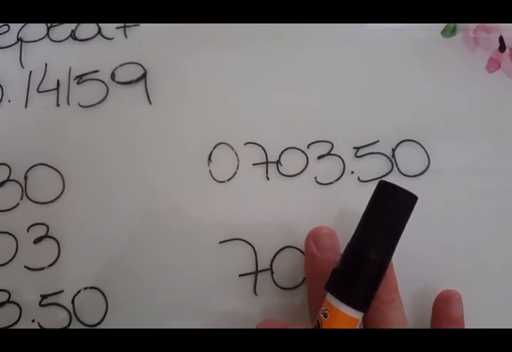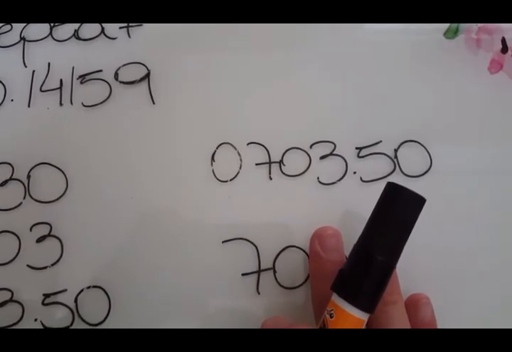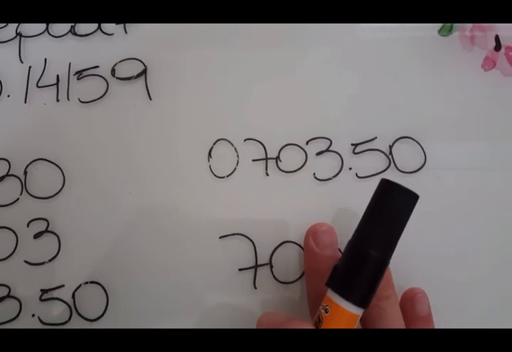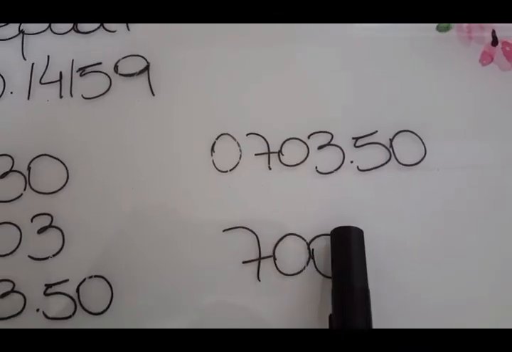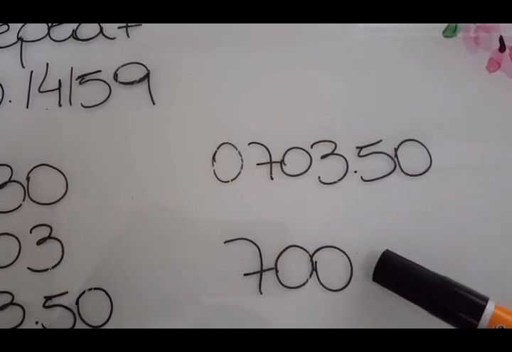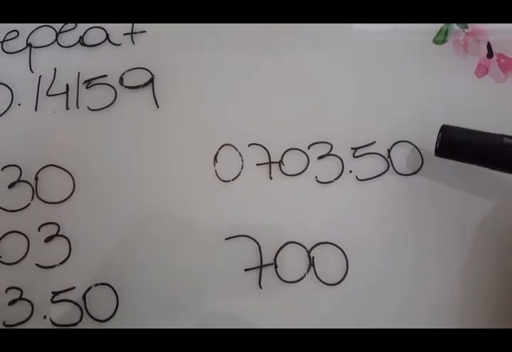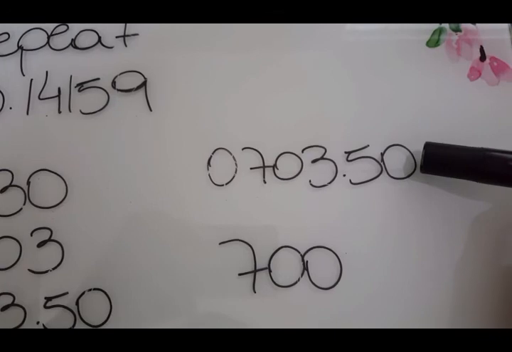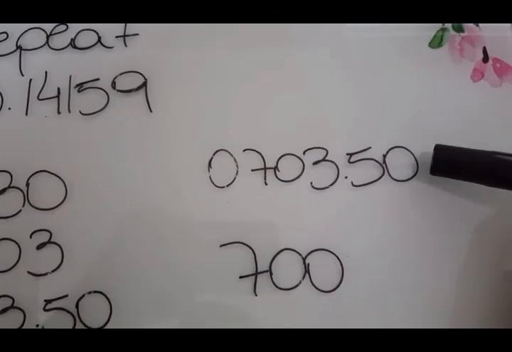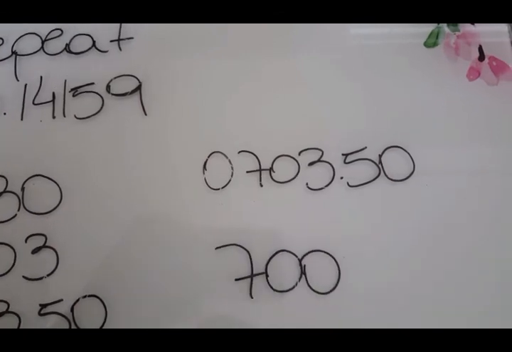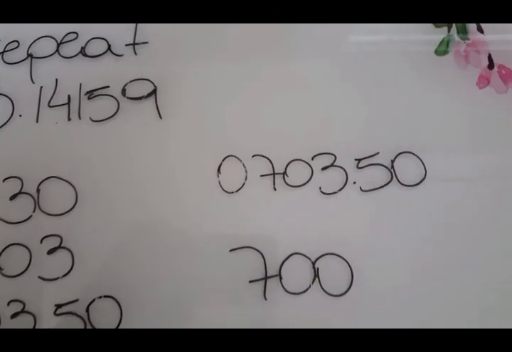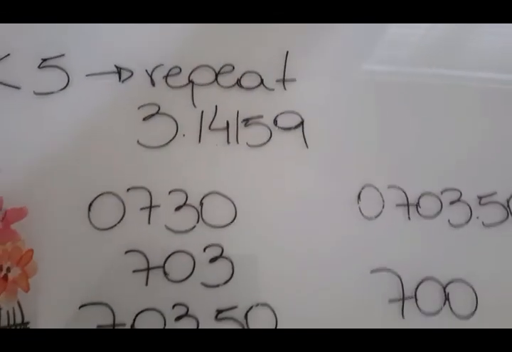I would reduce to 70 and it doesn't make sense. So I'm going to add one more 0 to make clear we rounded 703.5 to 700. And this is how we round numbers to significant figures.